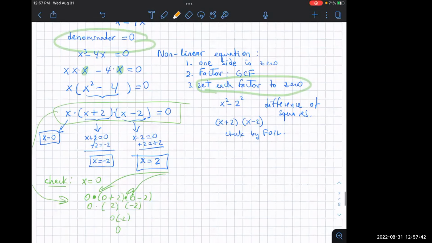Now, we go back to this expression, and I have this product, x times x plus 2 times x minus 2. To get the product equal to 0, at least one of those three things has to be 0. So one of them is x. So there you go. Does that answer your question? Yes, thank you. Okay, very good.